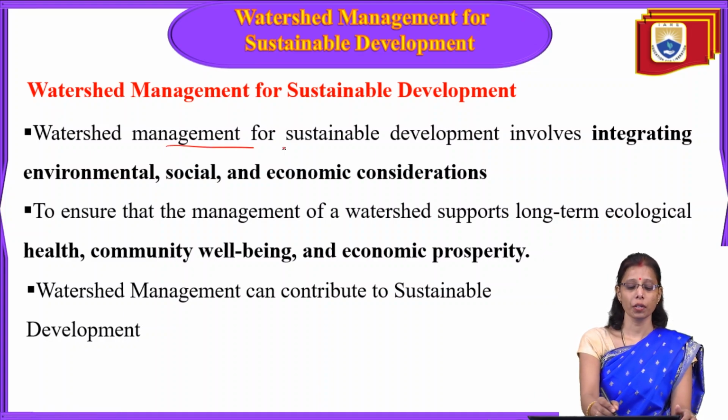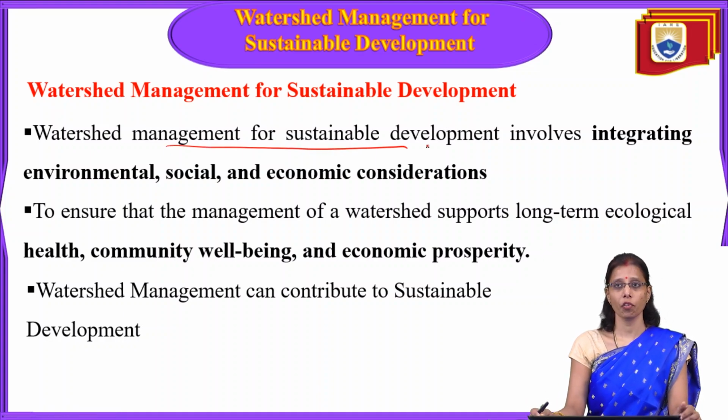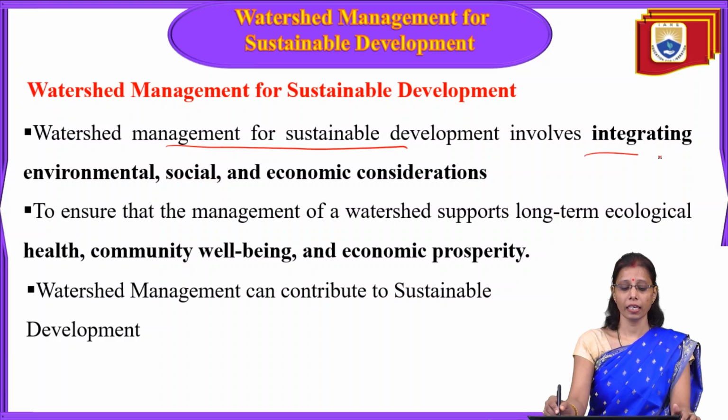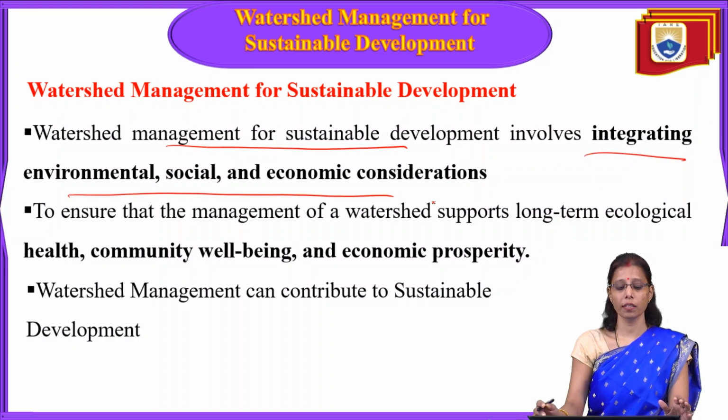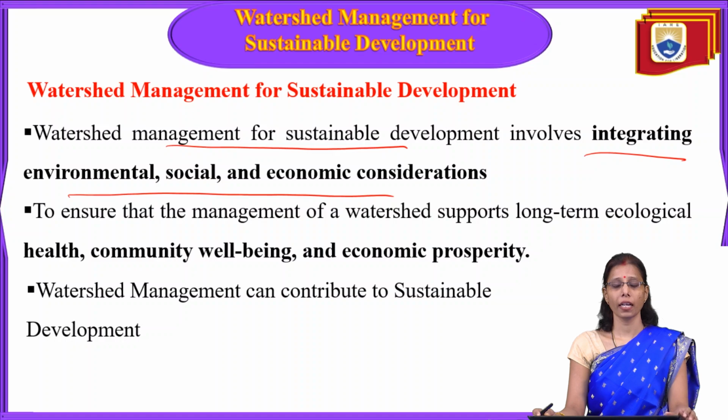Okay, so watershed management for sustainable development involves integrating environmental, social and economic considerations. We have to concentrate on environmental activities: the ecosystem should be maintained properly, the forest resources should be maintained properly, and pollution should be reduced, water pollution should be avoided.